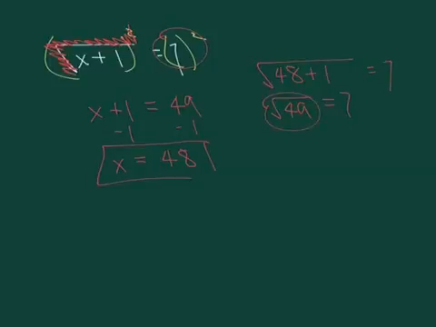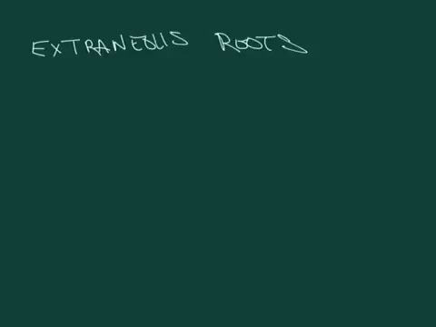Now, one of the things that's really important here, when you square both sides, like we did here to get rid of the radical sign, you have to check your problem. Because I think I mentioned this a few sections ago, there are these words, extraneous roots.